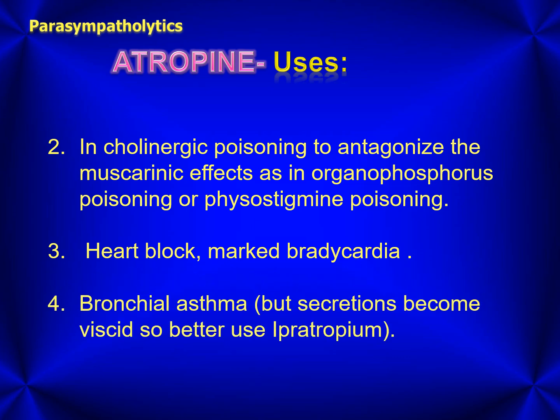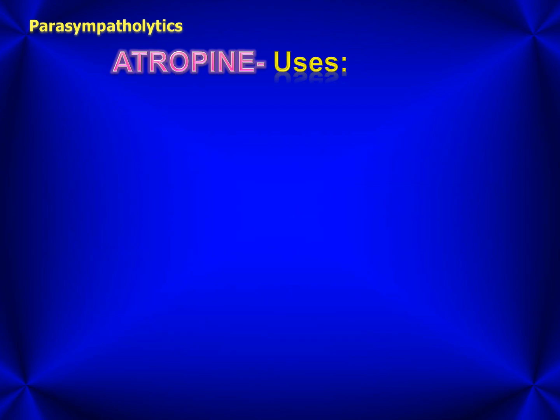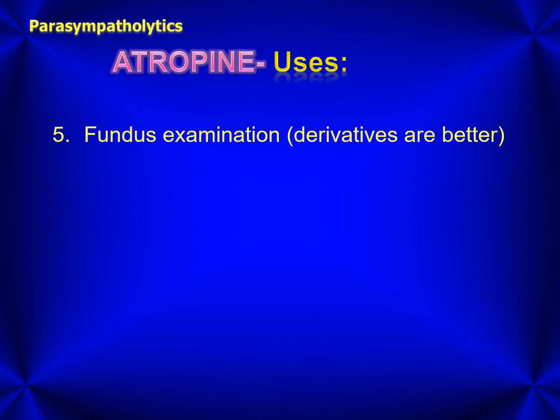In bronchial asthma, but its disadvantage is that secretions become more viscid, so we better use ipratropium. For fundus examination, but of course its disadvantage is long duration, so synthetic mydriatics are much better.